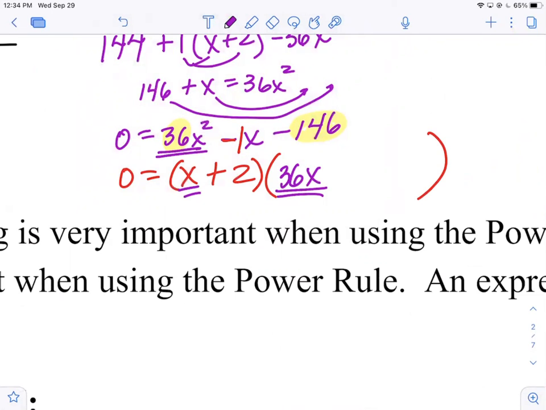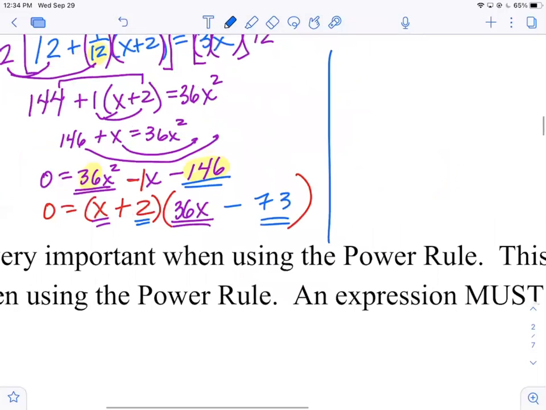And if I know that I have a 2 here, then multiplying that by the last one needs to give me a -146. It has to be a -73. And now we quickly check the inner and outer. The inner is going to be +72. The outer is -73. -73 plus 72 is -1.